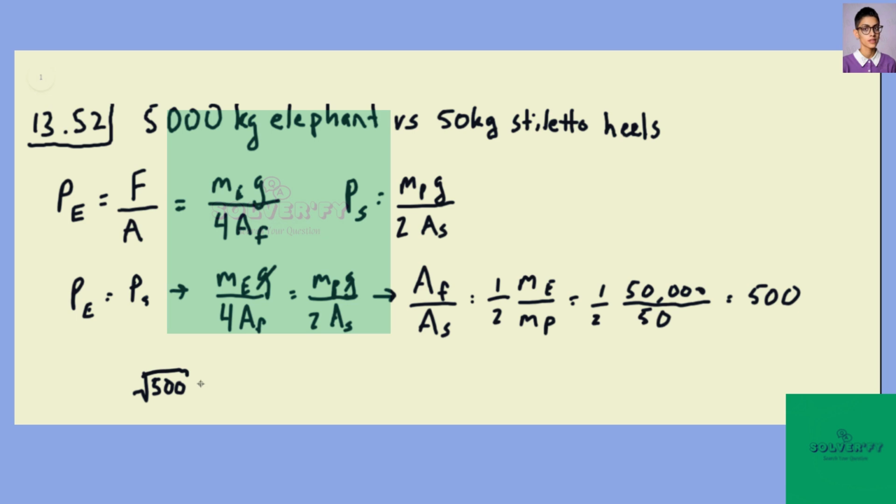So the square root of 500 is about 22. And so if you consider the length of a high-heeled contact area versus however big an elephant's foot is, I'd actually be surprised if the elephant's foot were less than 22 times the diameter, the characteristic length scale, of a footprint.